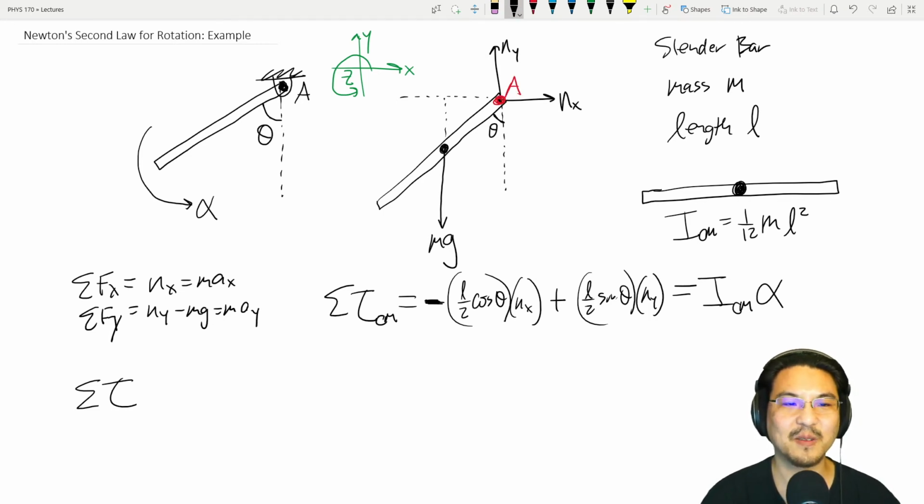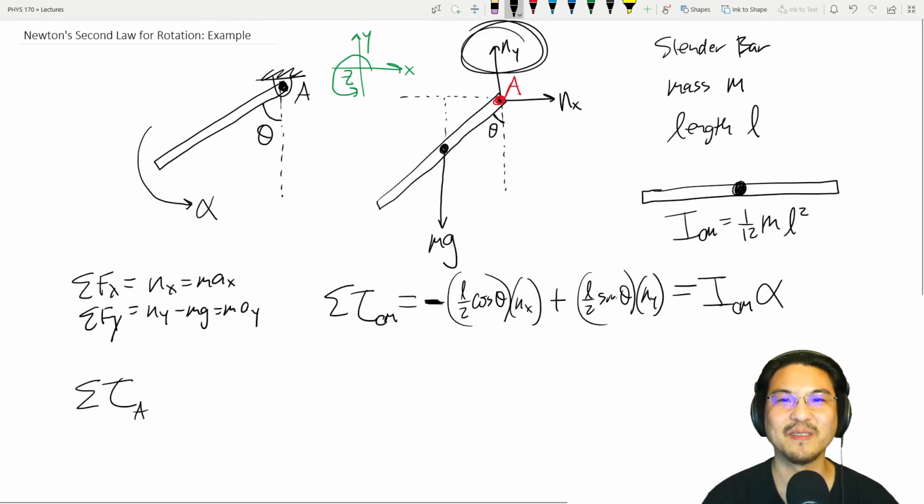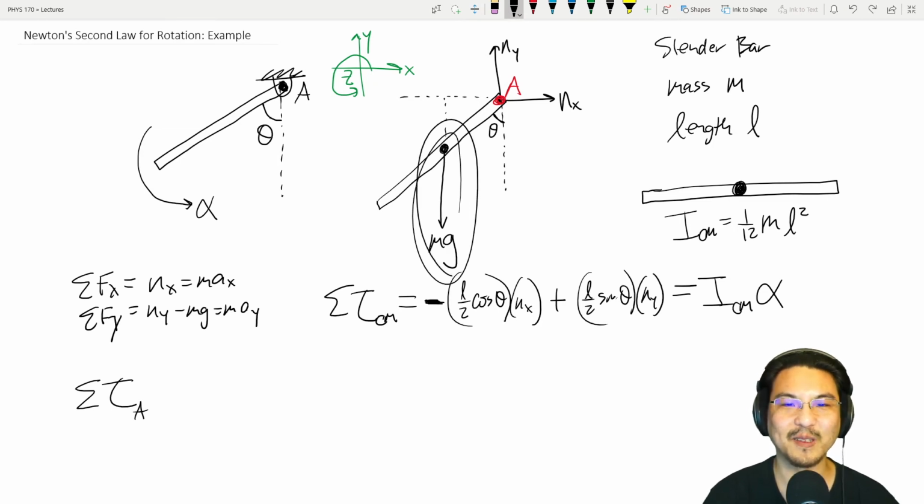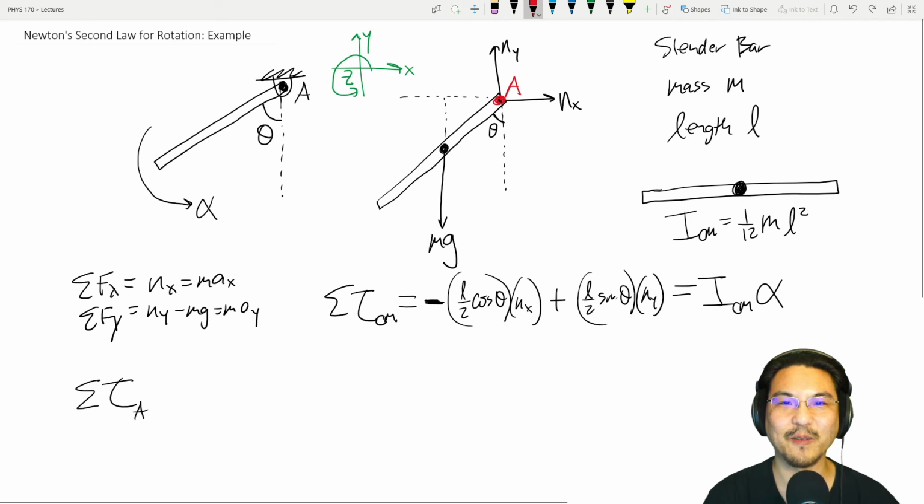What's the torque about point A by this force? Nothing. What's the torque about point A by this force? Zero. So there's only torque due to this force. What's the lever arm? Right here. See how this force is acting along this line.